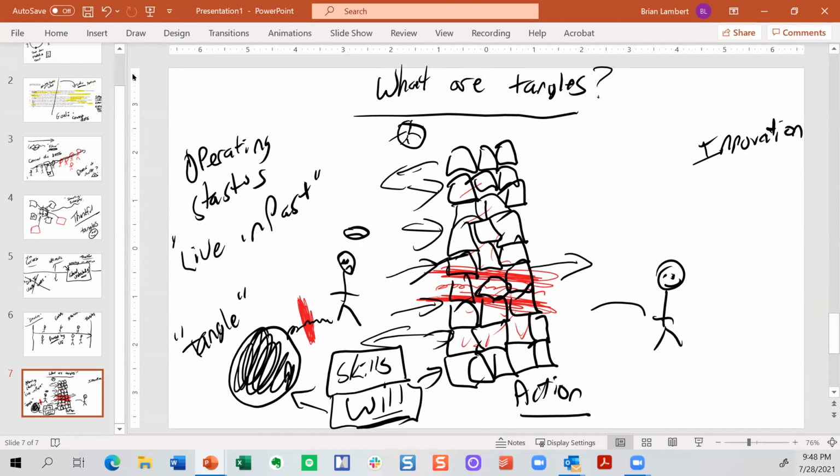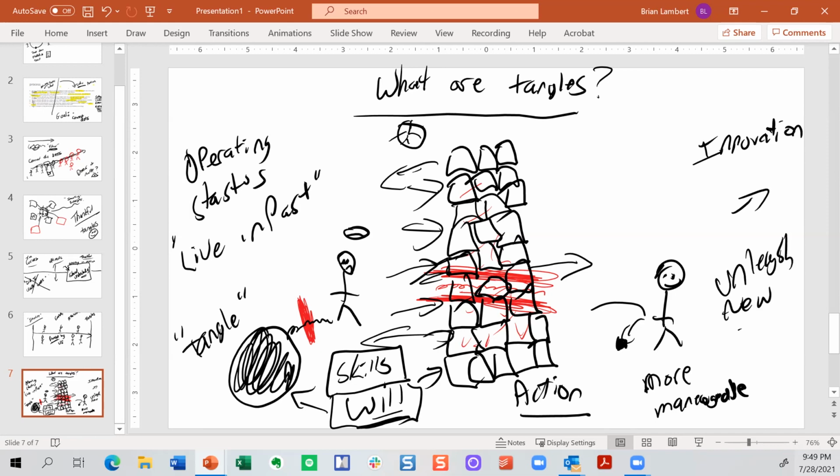So for me to get through this wall, I can't bring this huge ball and chain with me. I have to learn how to detangle it and make it more manageable. Tangles don't go away, but they can become more manageable. They can become smaller to help me get through the tunnel and over to here. And then unleash new skills.